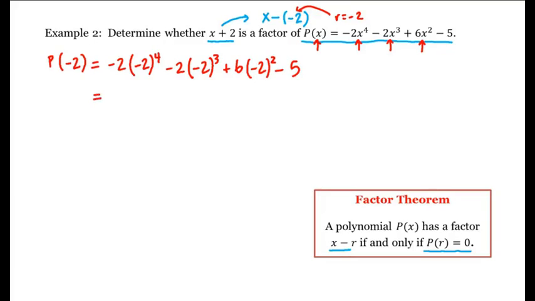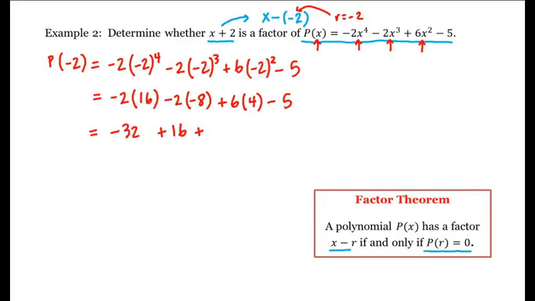Which is equal to negative 2 times 16, and then minus 2 times negative 8, and then plus 6 times 4 minus 5, which is equal to negative 32 plus 16 plus 24 minus 5. Now 16 plus 24 is 40, and 40 minus 5 is 35, so this is negative 32 plus 35, which is equal to 3, which is not 0.